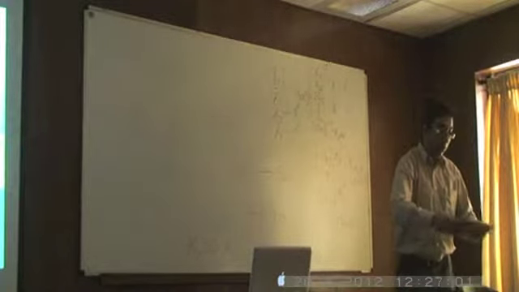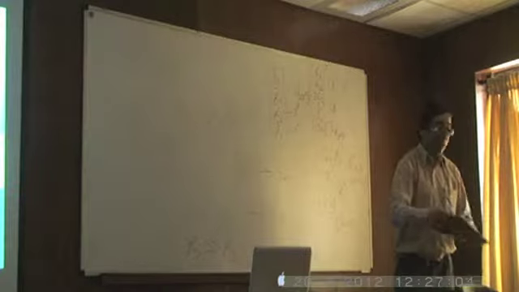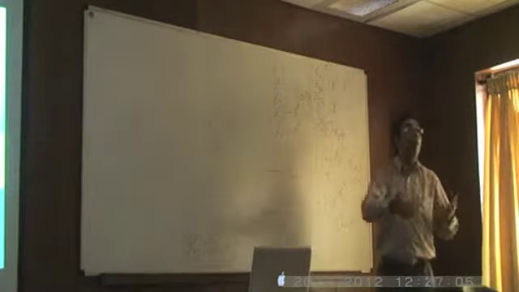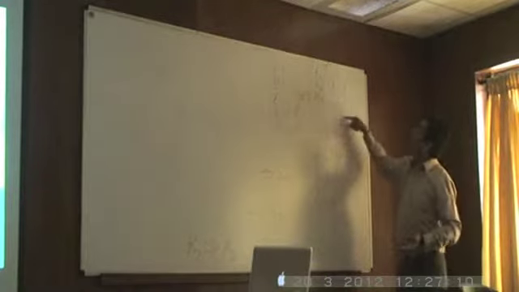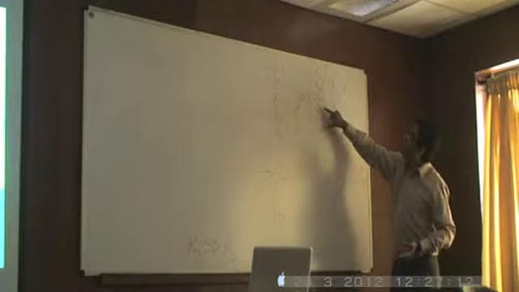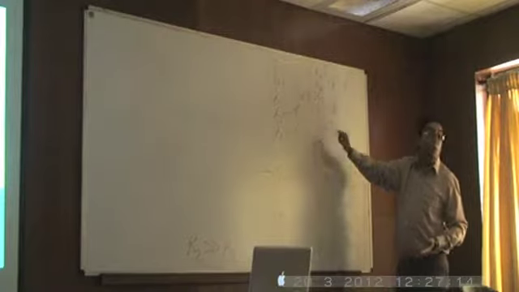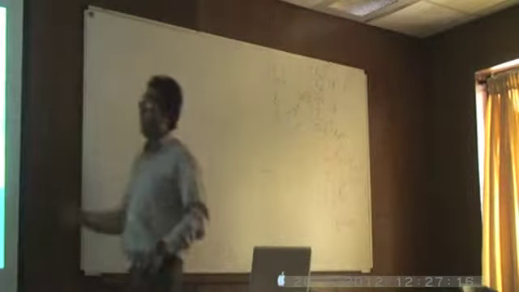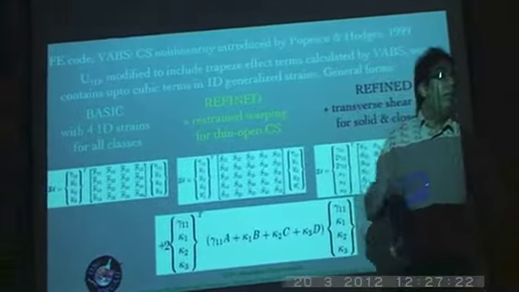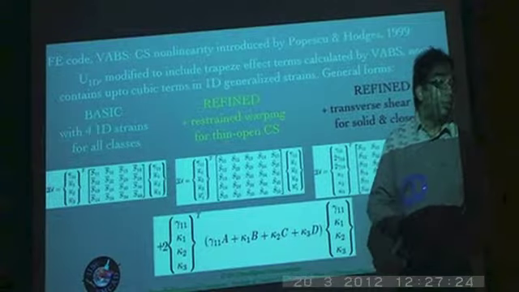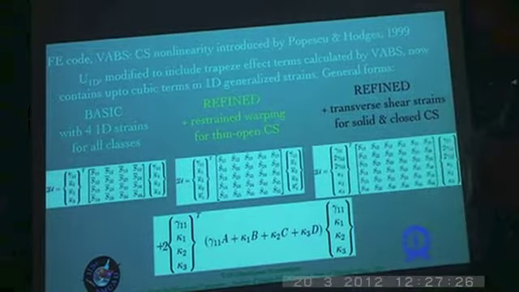So those will contribute to the energy as dominant effects, and therefore in the first order approximation, your ABBD will become functions of rho 11, rho 22, and rho 12. That is the equivalent of saying that I have to add terms like these. In other words, your energy does not have only quadratic terms, it has cubic and quartic terms as well, or maybe higher order, I don't know.